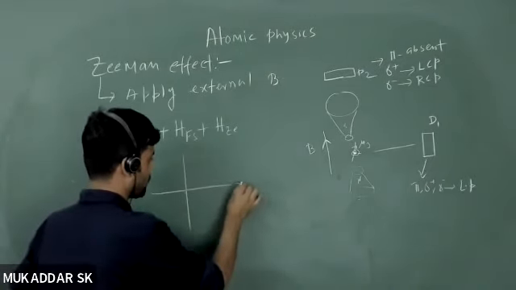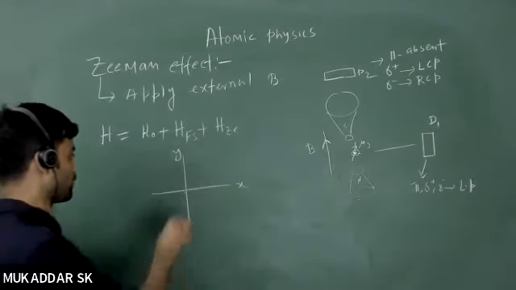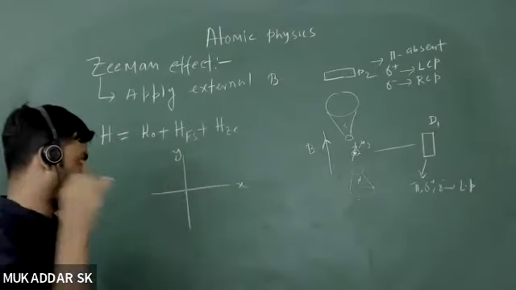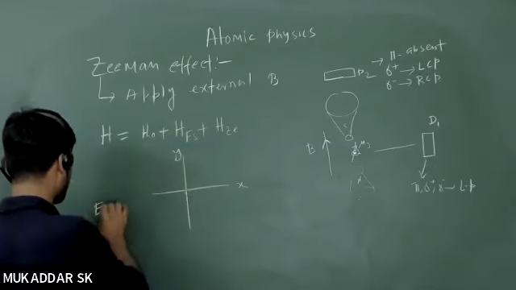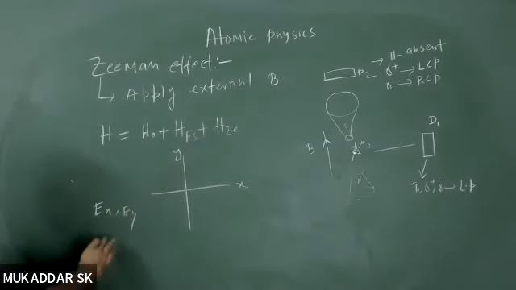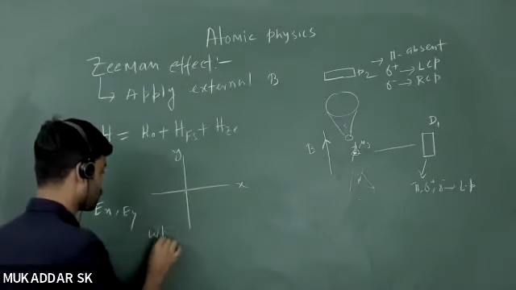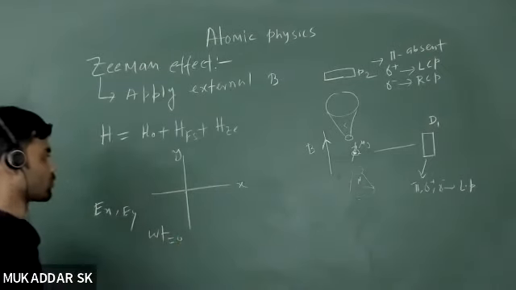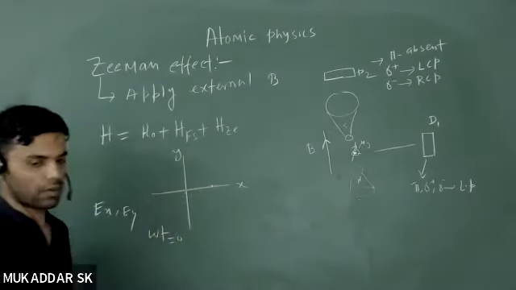Suppose this is your X axis, this is your Y axis, and this is your Z axis, perpendicular to both. So you have the EX component and the EY component. Now first you plot these components at omega t equals 0. You may get the X component here, but there will be no Y component.